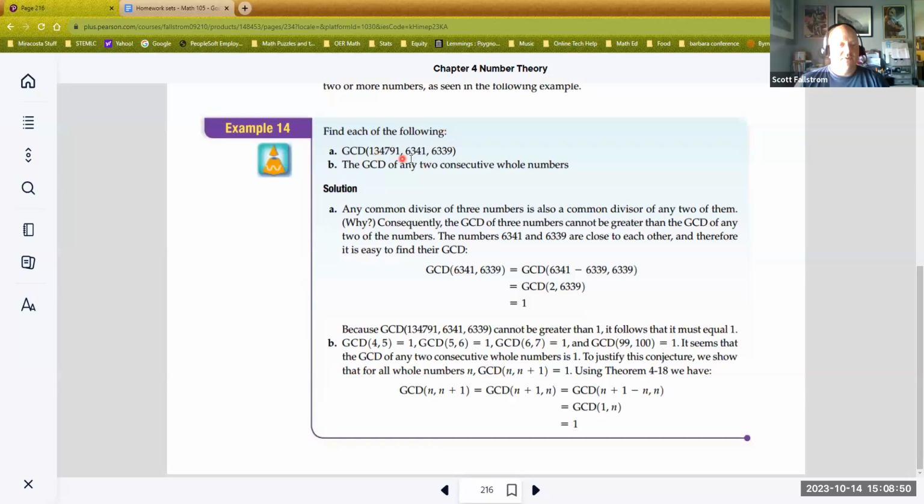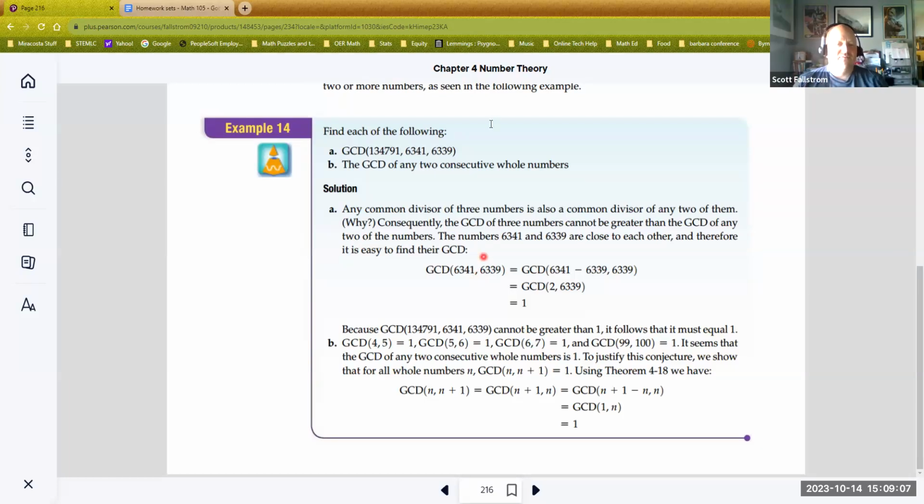Then it goes to what do we do with the GCD of three numbers? If you have the GCD of any three numbers, just pick any two of them at a time, find the GCD, and then take that GCD and compare it to the next number.